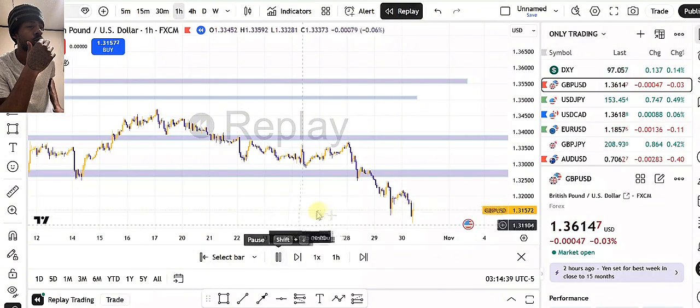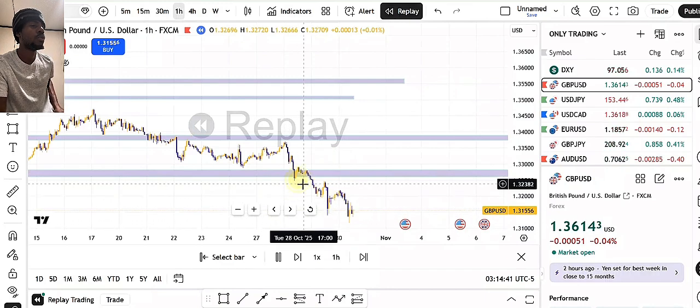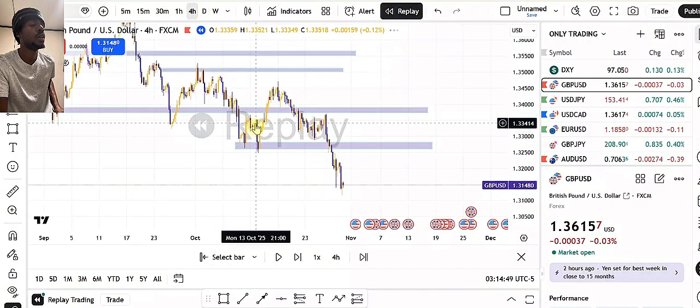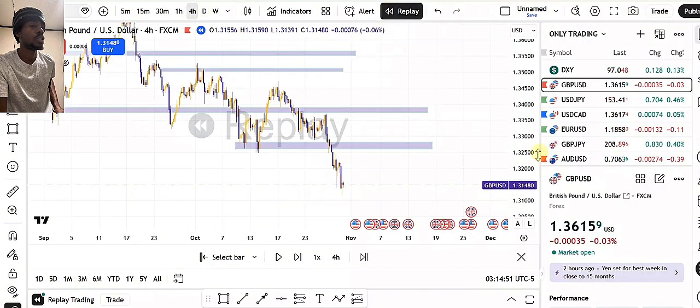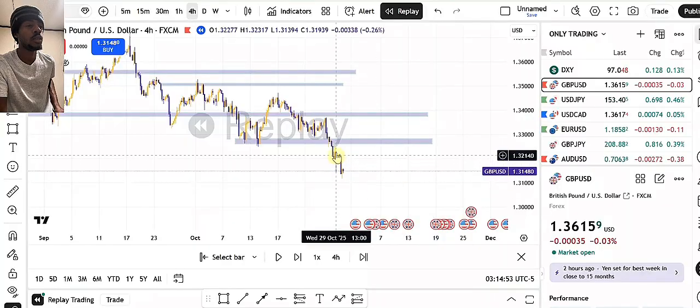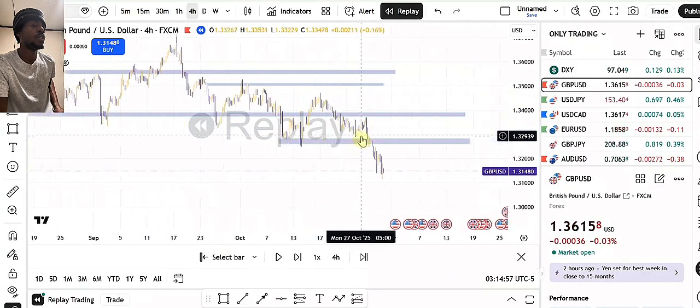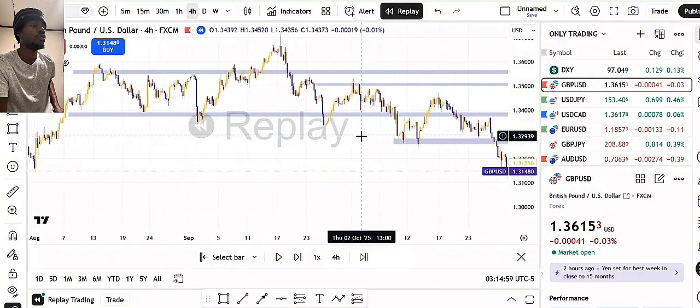Alright, so bingo, making those lows to go lower. In this type of situation, because we already missed the down trade, but we're being over-analytical, this was basically a pullback, as you can see.